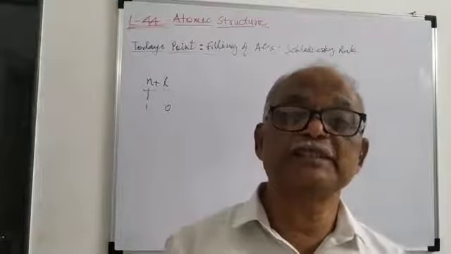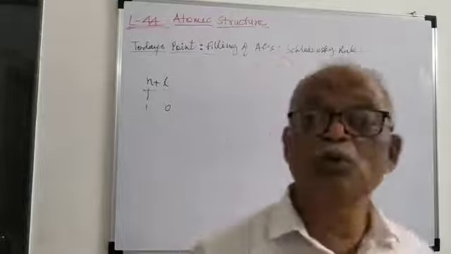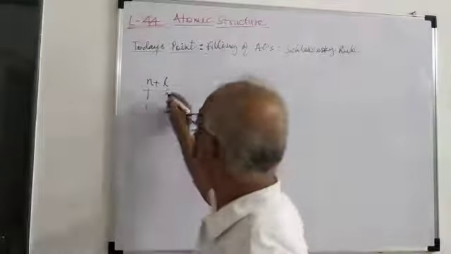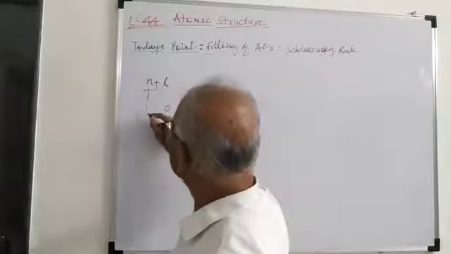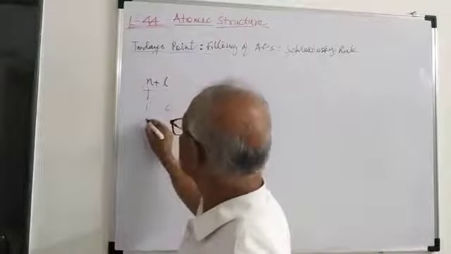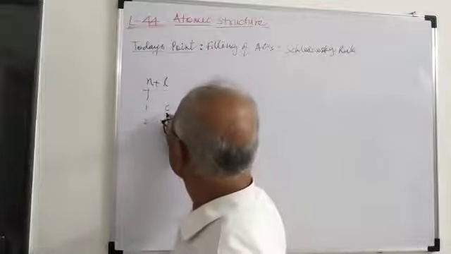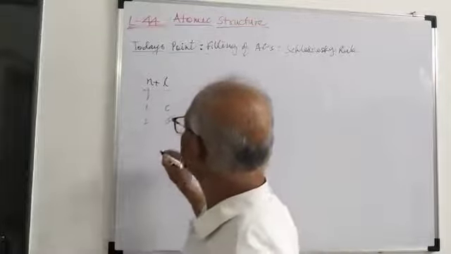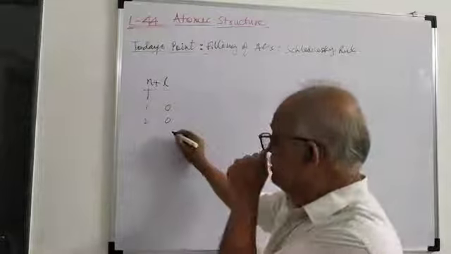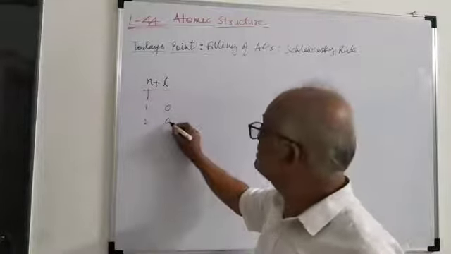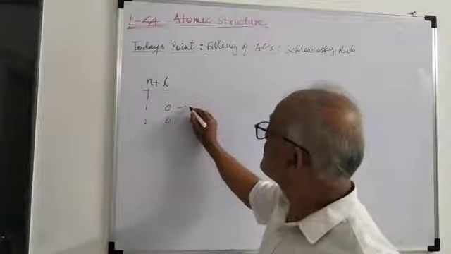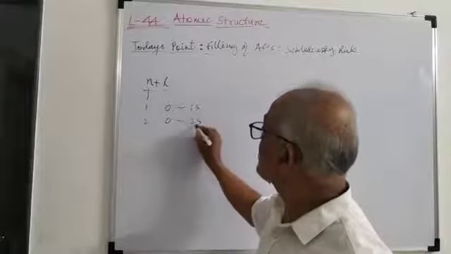After filling this s orbital, we go for the next value. When n is equal to 2, l is also 0, so we again go for the s orbital. That is, this is 1s, this is 2s.